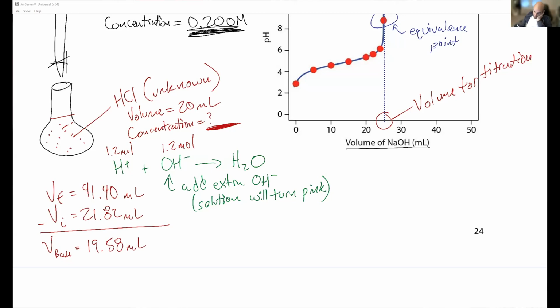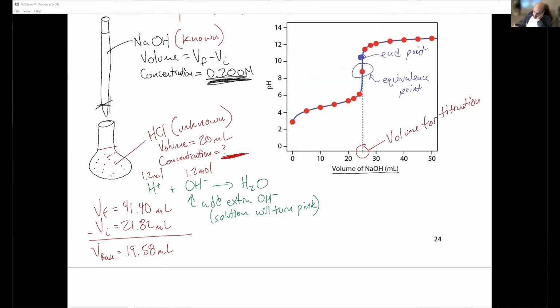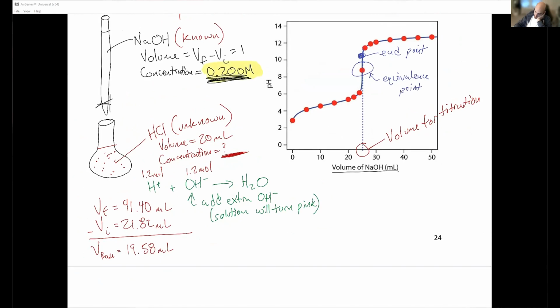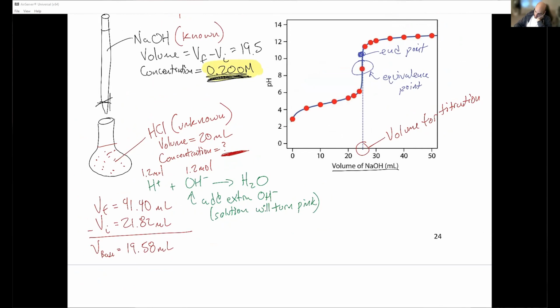Okay, we know that the concentration of base was 2 molar. Let me just highlight the things that I know. I know the concentration of base was 2 molar. We determined that the volume is going to be 19.58 milliliters. So between those two, here's where we know that the moles of acid is going to equal the moles of base.